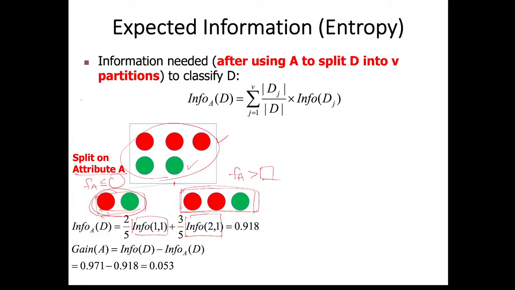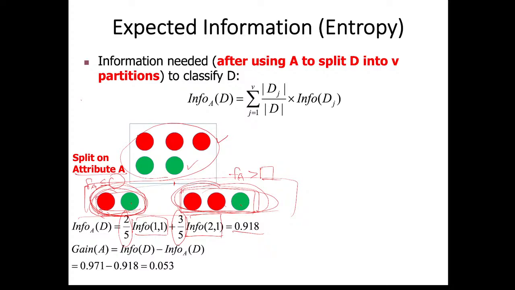Because 2 out of 5 are here, 3 out of 5 are here, so we sum them up with these weights, 2 over 5 and 3 over 5. And then we get the result 0.918. If we split the 5 people into 2 groups, such that group number 1 is 1 red and 1 green, group number 2 is 2 reds and 1 green, what's the amount of information after the split?